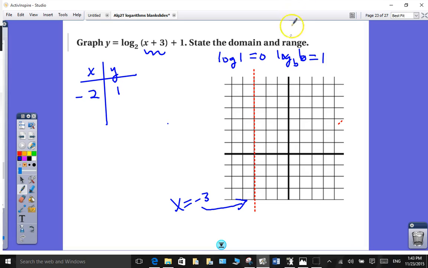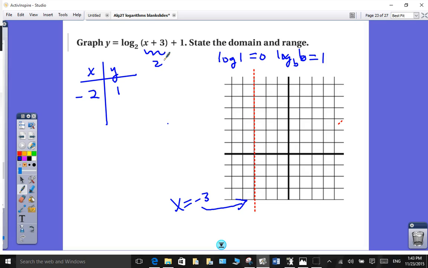Okay, how about for this one here? If the log base b of b equals 1, that means I would like to make this x plus 3 equal 2, because then I would have the log base 2 of 2. So what would x be if x plus 3 equals 2? Negative 2? Negative 2 plus 3 is 1.